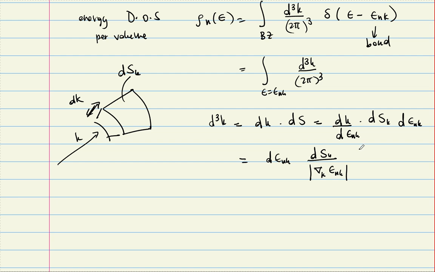So this is the generalization of this intuitive derivation. Then what we see is rho n of epsilon is going to be the integral over this equal energy surface, E n k equal to epsilon, 1 over 2 pi cube dS k divided by the gradient k of epsilon of k.